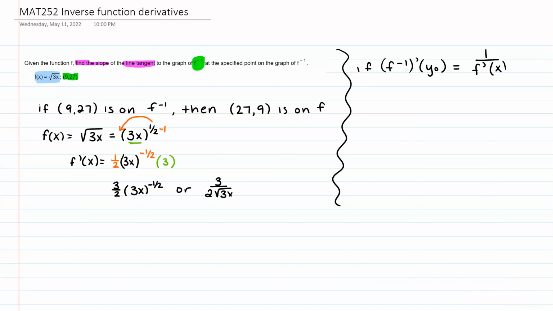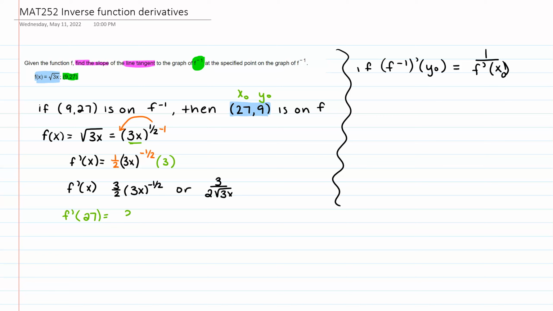Okay, so here's f prime of x. When we're talking about x0, y0, the x and y come from the original function. So we're going to be using this (27, 9) as my x0, y0. So now we have to find f prime of 27.